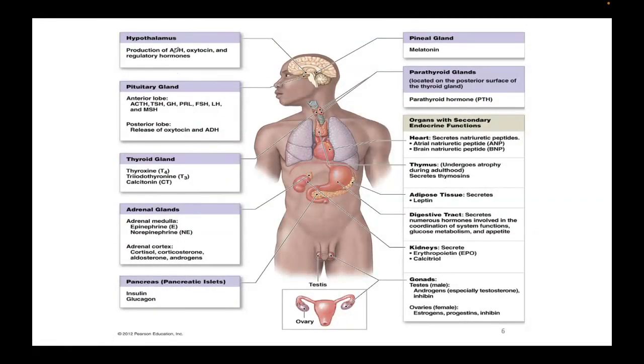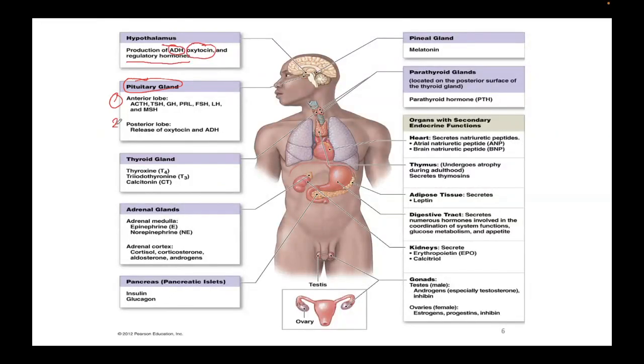Okay, let's take a look at what else the hypothalamus releases besides the regulatory hormones. It produces ADH, antidiuretic hormone, and it releases oxytocin. Now, the ADH and oxytocin that it produces, it actually stores here in the pituitary, and the pituitary has two lobes.